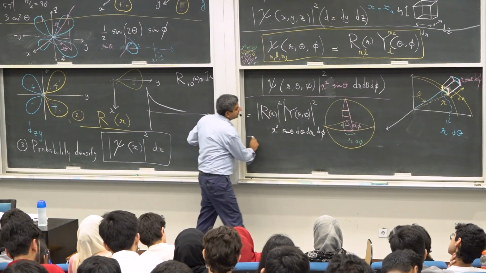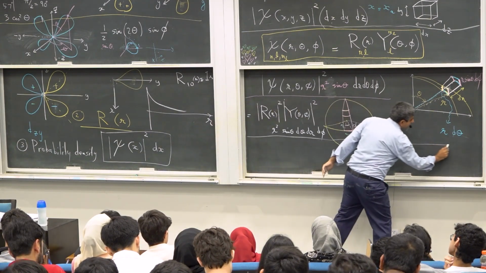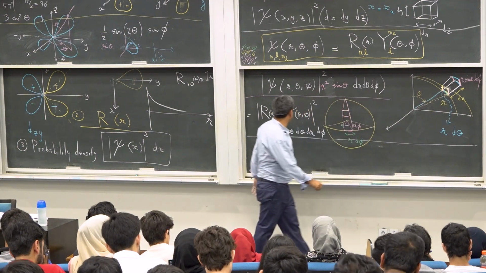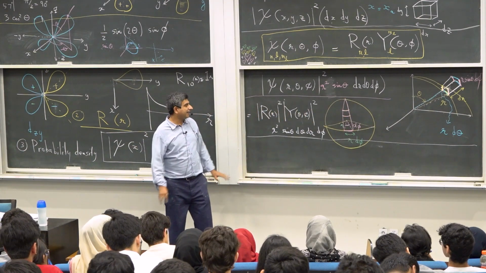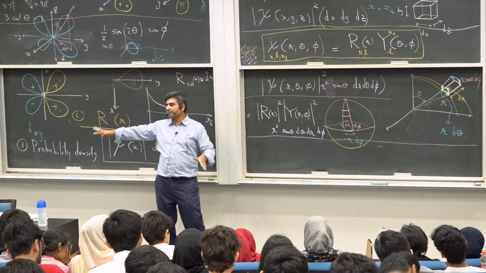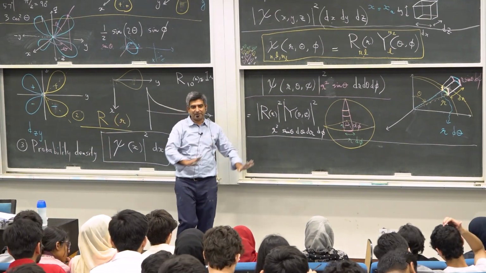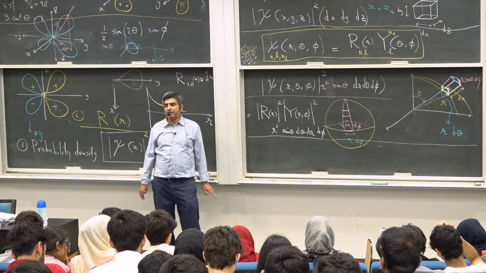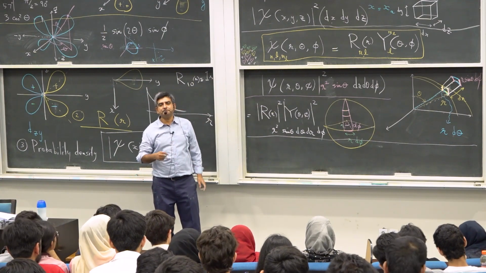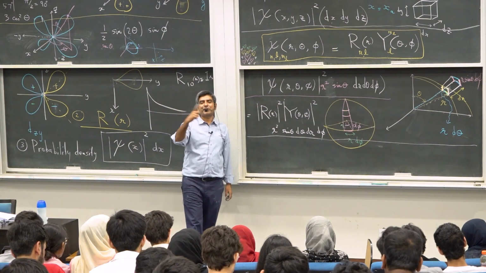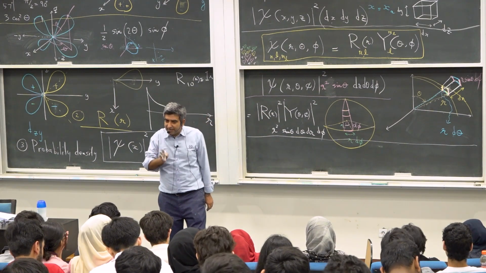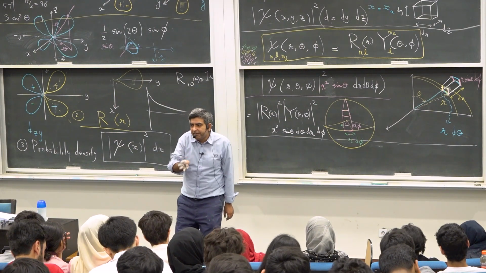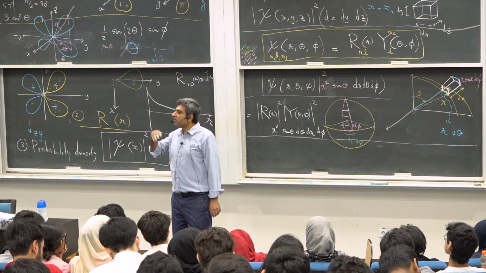Now what I would like to do is, if I were to do any integration, I can separate out the r dependent parts and the theta phi dependent parts. Suppose I pose to you the question, how far is the electron likely to be found from the nucleus?